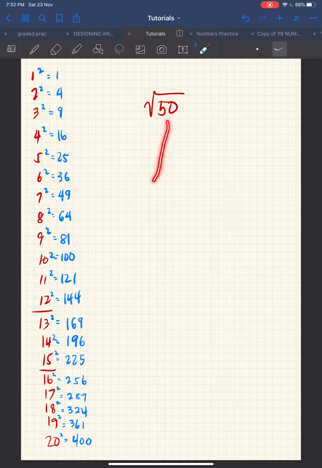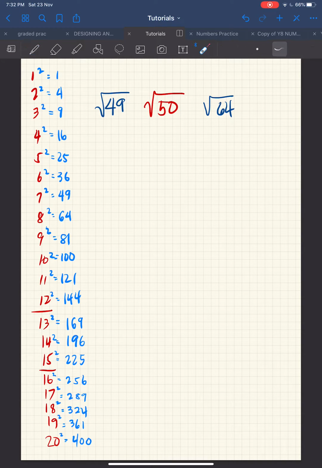If we look over here, we can see that 50 fits between two perfect squares, which are 49 and 64. So we can safely say that 50 is sandwiched between the square root of 49 and the square root of 64.